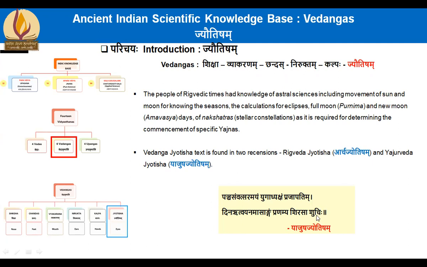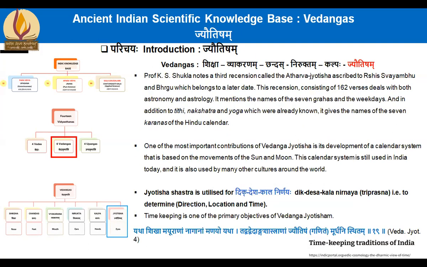So Yajusha Jyotisham talks about Prajapati as the Yugadhyaksha, and Pancha Samvatsaramayam talks about 5 years. It seems that there is a shift afterwards. For about 5 years, it keeps changing the movement of the planets. Then there is a third recension called the Atharva Jyotisha, ascribed to Rishis Swayambhu and Bhrugu.